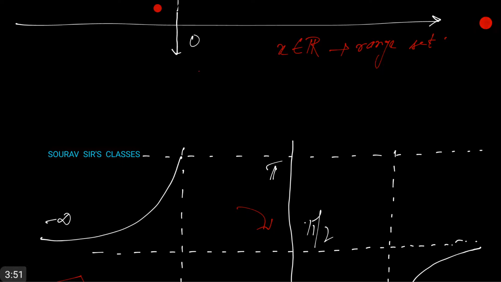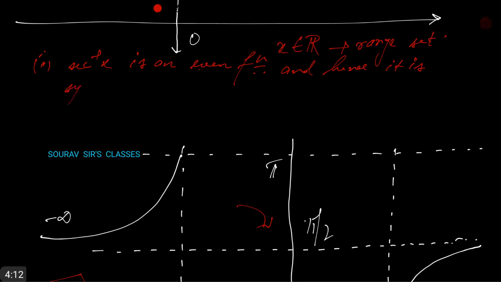Okay, now point number 1 to be noted is that sec inverse x is an even function, and hence it is symmetric about the y-axis, and the second part is the domain and range set.